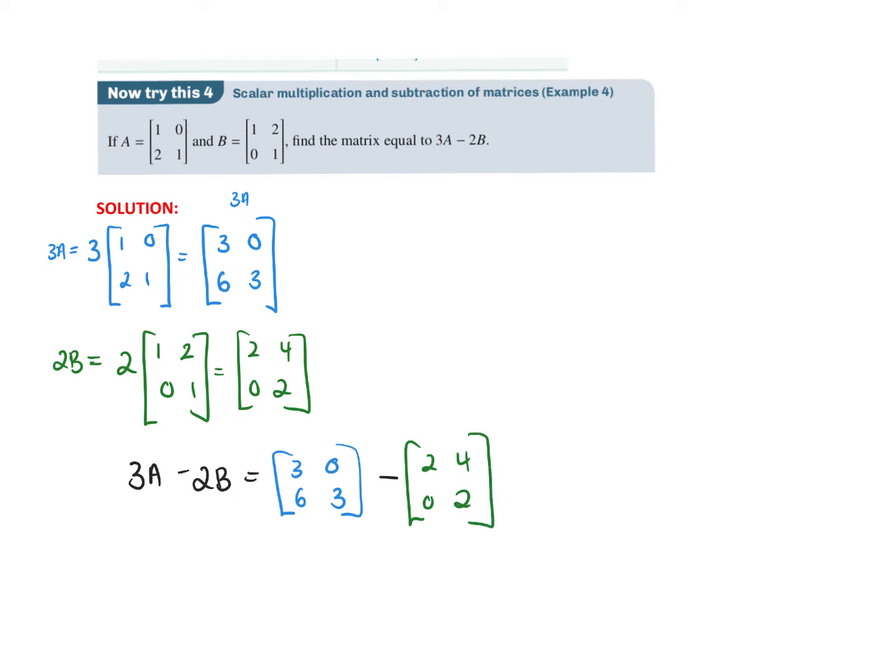We're manually showing this. You do get asked to do this sometimes, so it's good. Otherwise, you could type them in on your calculator. So what would 3 minus 2 be? 1. 0 minus 4, minus 4. 6 minus 0, 6. And 3 minus 2, 1. Remember, we subtract the same spots, and that's how we do that.